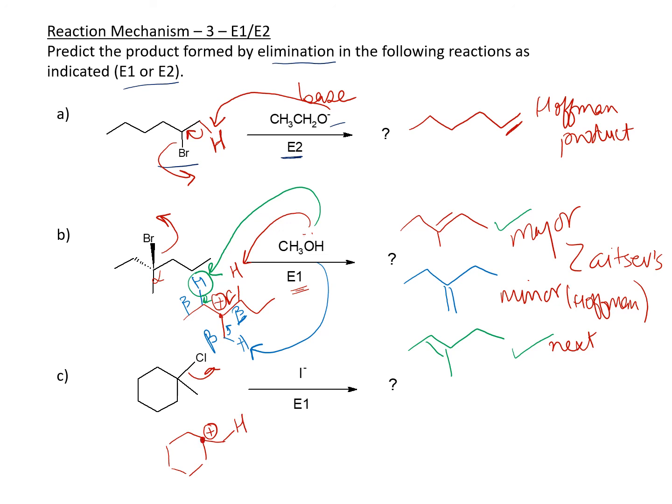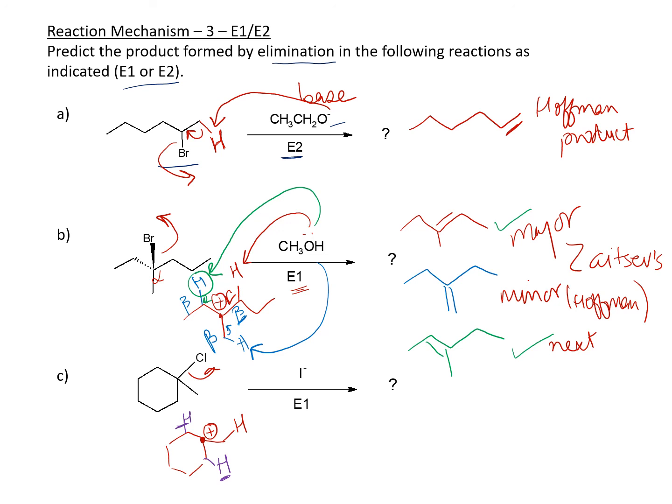And then I'm going to also look for other beta protons. So I have a proton here and I have a proton here. And if you agree with me, and I really hope you do, these two protons are alike. If you're not sure, you should draw the product out. So these two protons are going to be alike, which means they'll give us the same product.